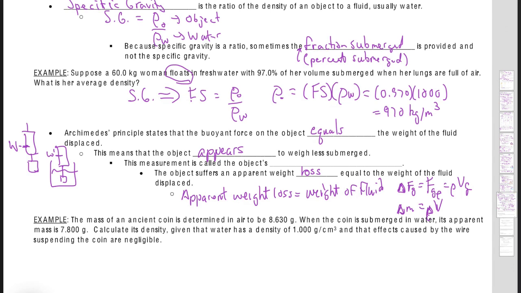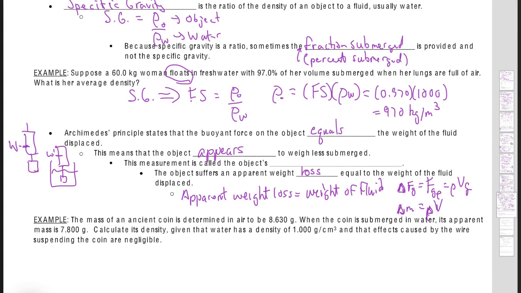So this one says the mass of an ancient coin is determined in air to be 8.630 grams. When the coin is submerged in water, its apparent mass is 7.800 grams. Calculate its density, given that water has a density of 1 gram per cubic centimeter, and that effects caused by the wire suspending the coin are negligible.